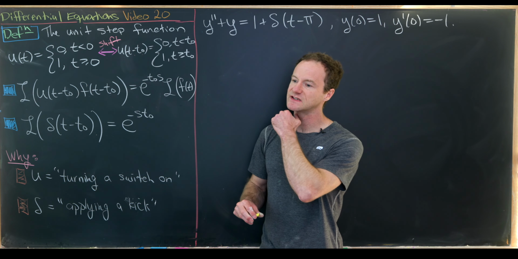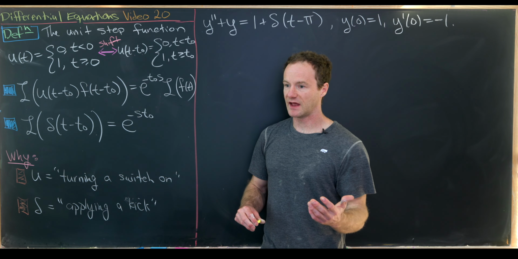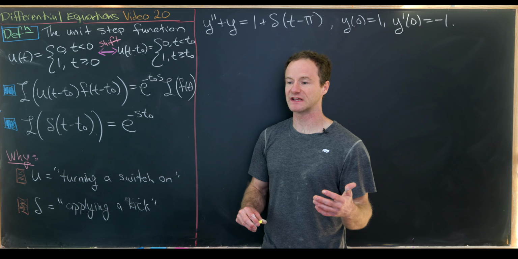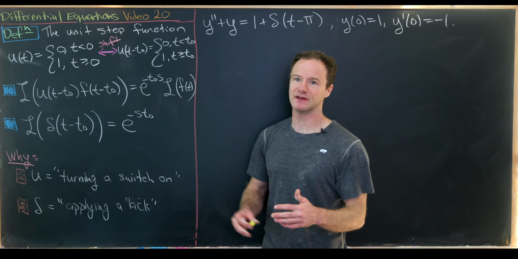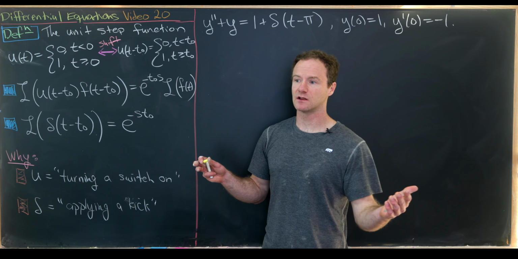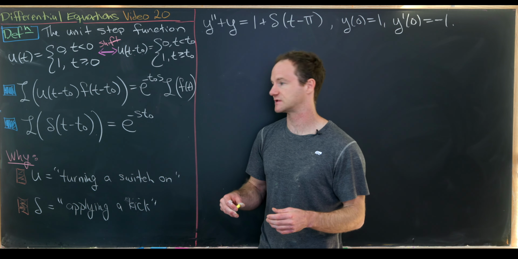For instance, let's say you're modeling some sort of system that is evolving over time in some consistent way up to a point where something happens, like a switch gets turned on, be that ecological, or maybe it's an actual switch for an electrical system.